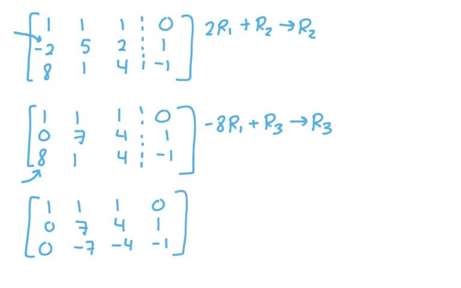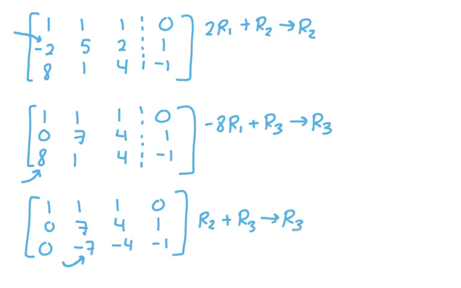So do you notice how row 2 and row 3 look alike? That's good, right? And so what I'm going to do is I want to turn this negative 7 into a 0. And so what I will do from there is take row 2, add it to row 3, put the result back into row 3.